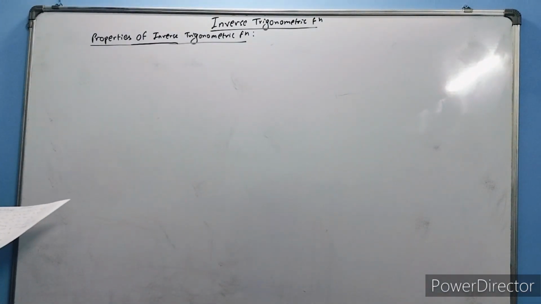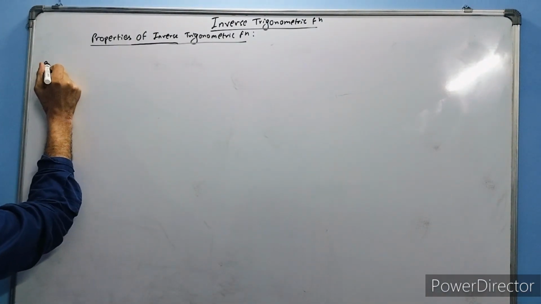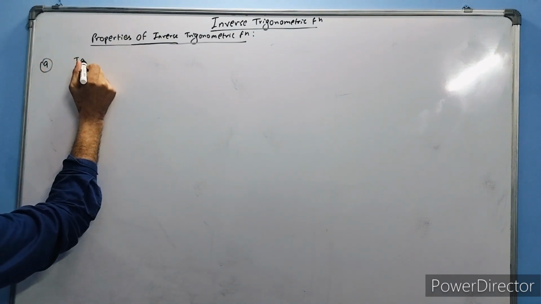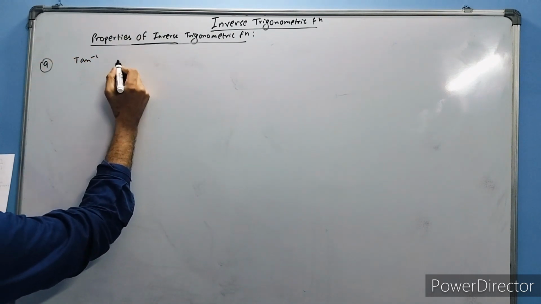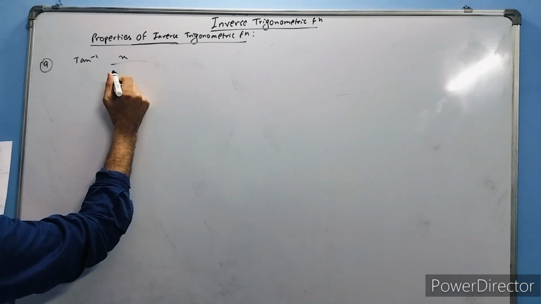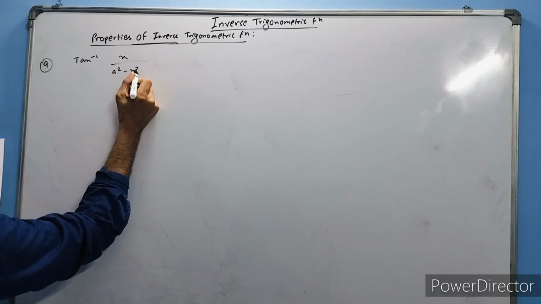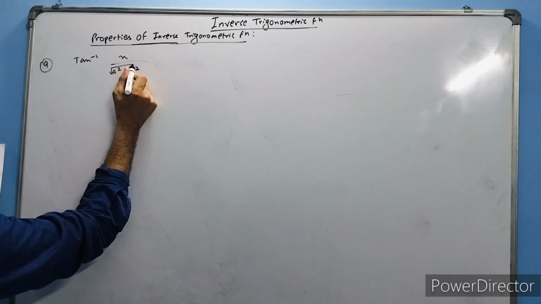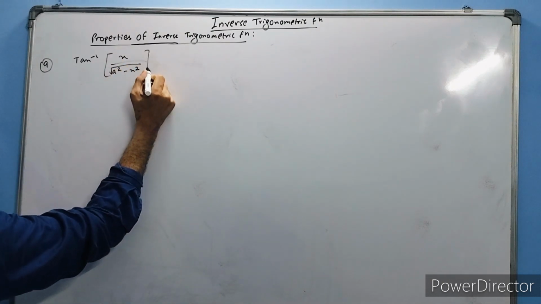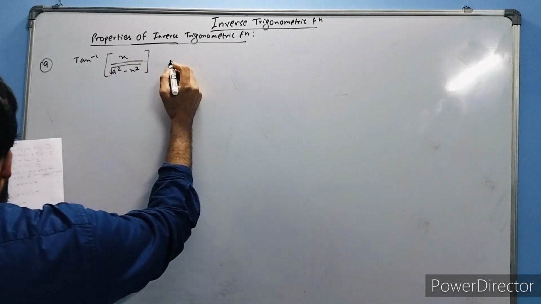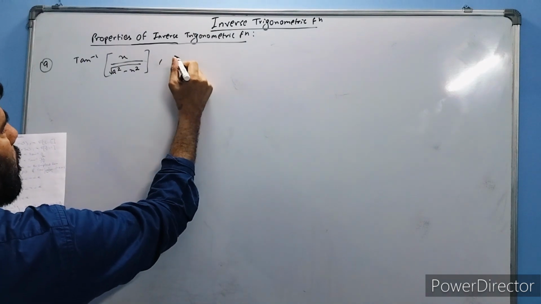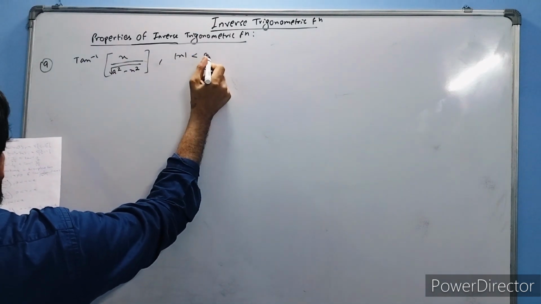The 9th question is tan inverse of x upon the square root of a square minus x square, where x is less than a.